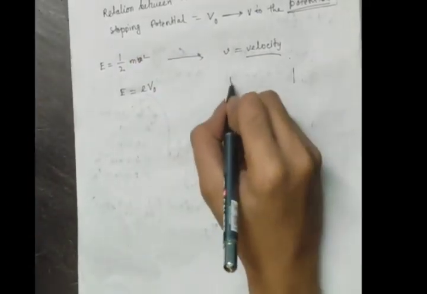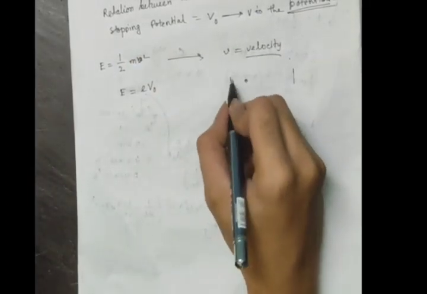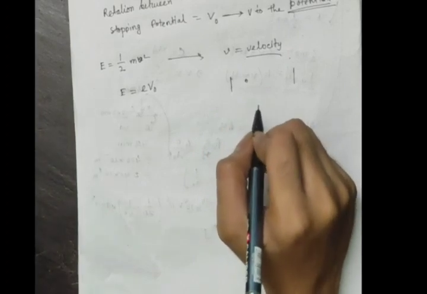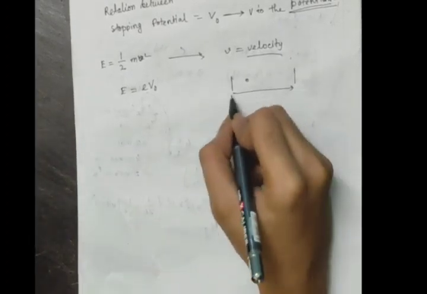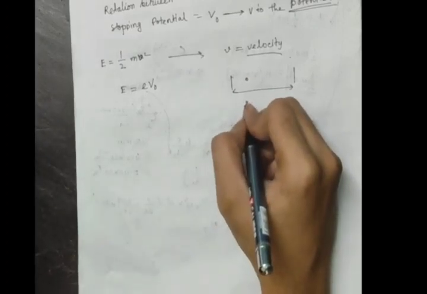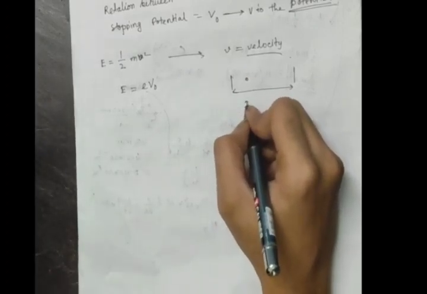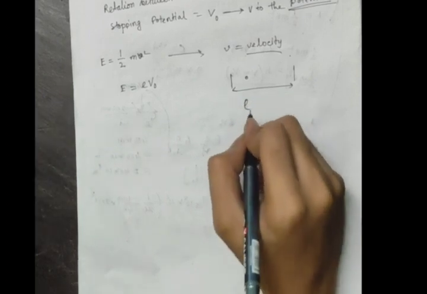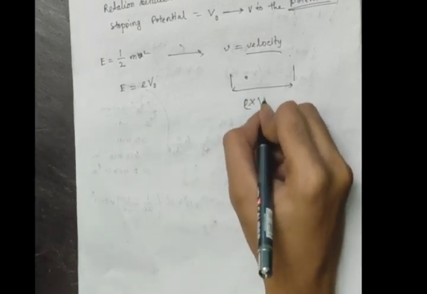Now what is the relation? It is said that if an electron is in a medium having potential V, then the kinetic energy of the electron will be the charge of the particle into the potential.